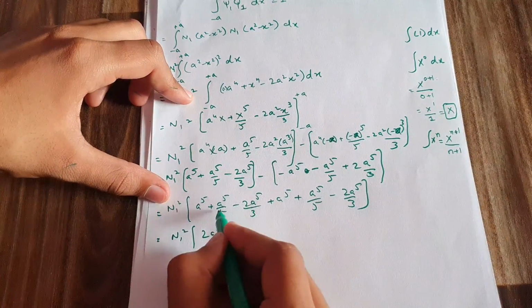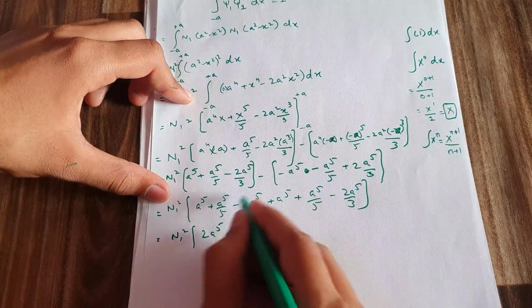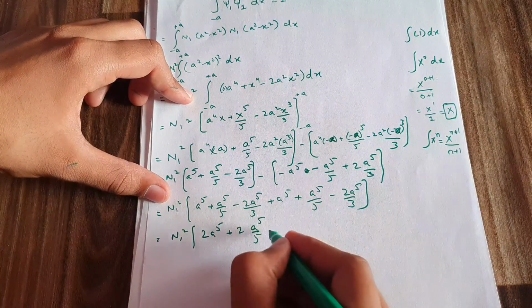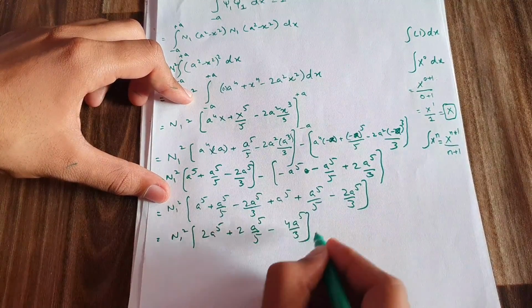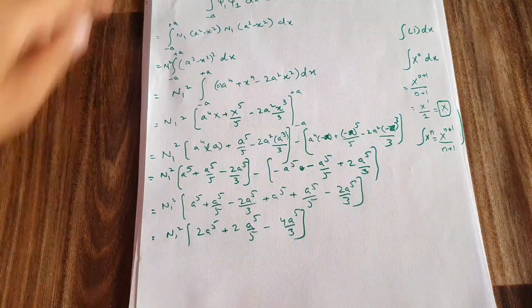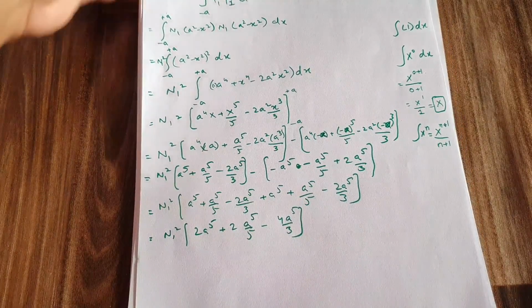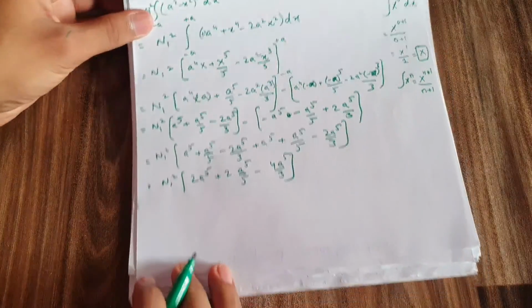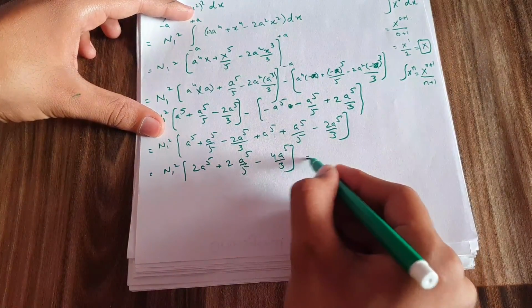Similarly, a5 by 5 and a5 by 5 become equal to 2a5 by 5, and minus 2a5 by 3 and minus 2a5 by 3 becomes equal to minus 4a5 by 3. As you know that we are normalizing, and on using the value of n, this is the normalized equation, so this should be equal to 1.